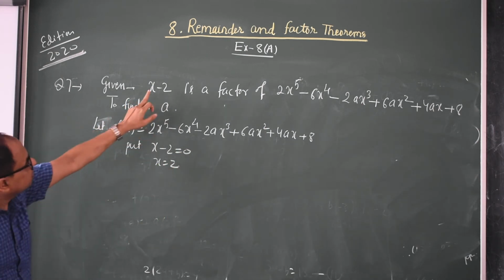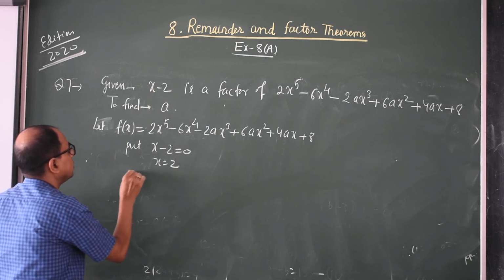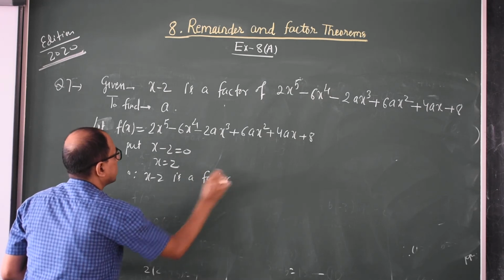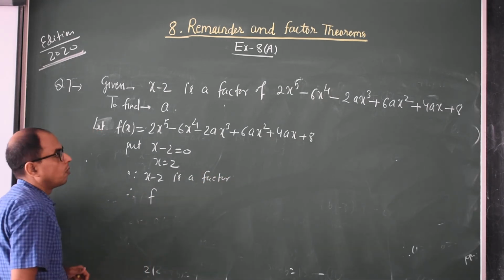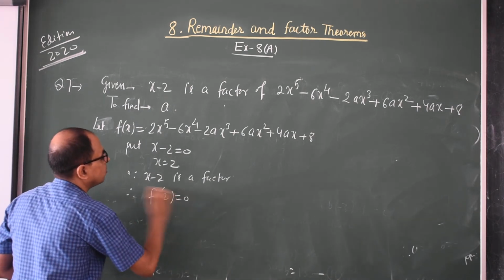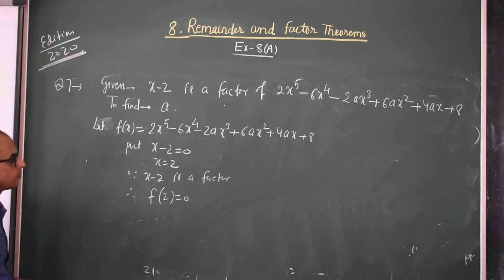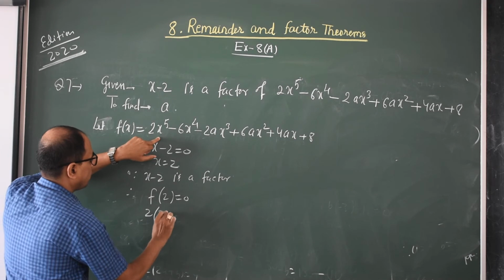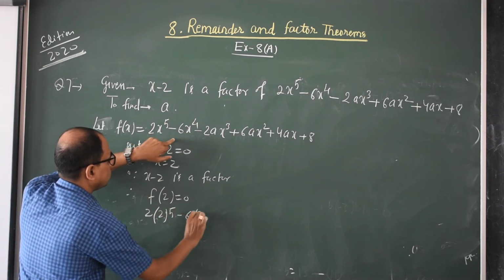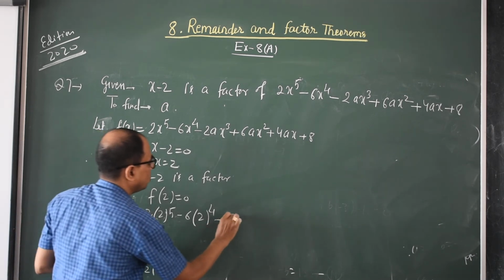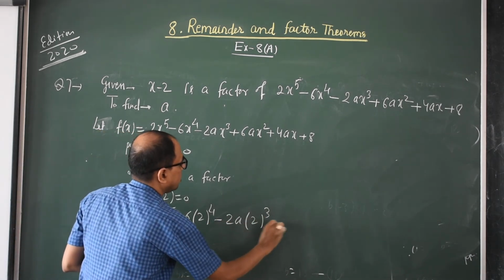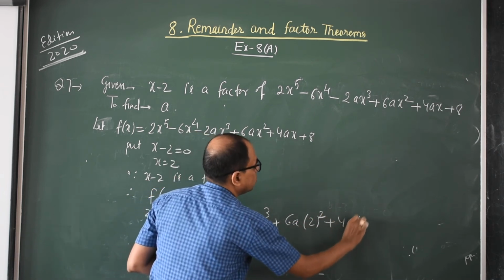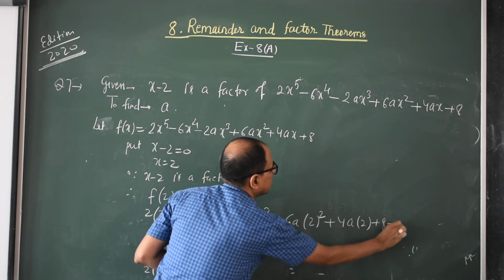Since x minus 2 is a factor, the value of the polynomial at 2 must be 0. This is the condition for a factor. The remainder must be 0. So put here 2 into 2 to the power 5 minus 6 into 2 to the power 4 minus 2a into 2 to the power 3 plus 6a into 2 to the power 2 plus 4a into 2 plus 8, which must be 0.